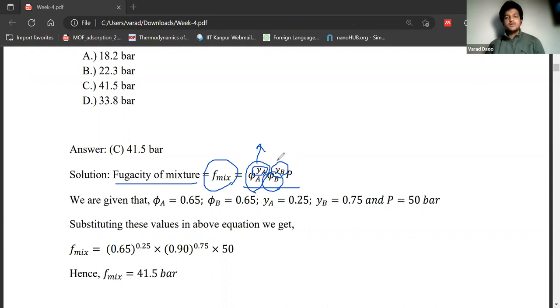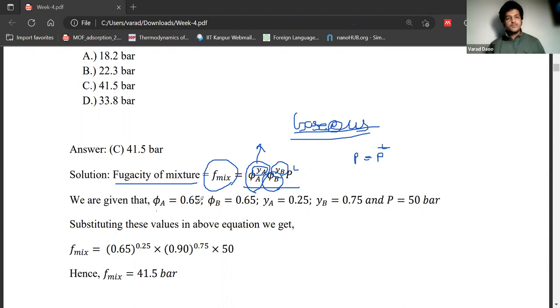Remember, we are talking about a gaseous mixture, because that is the only case for this fugacity of the mixture. This has been given to us in the question. And P here represents the total pressure. So this is the expression to calculate it.